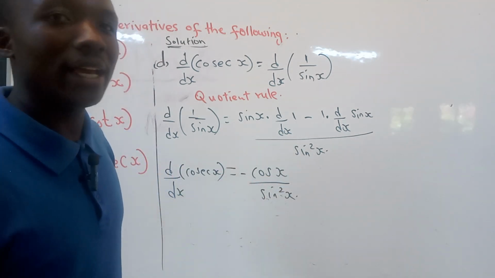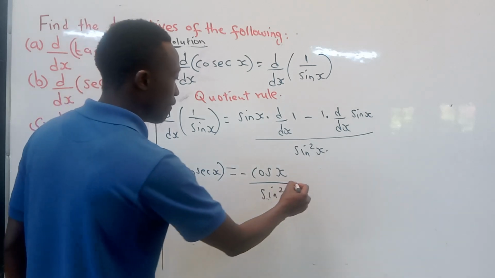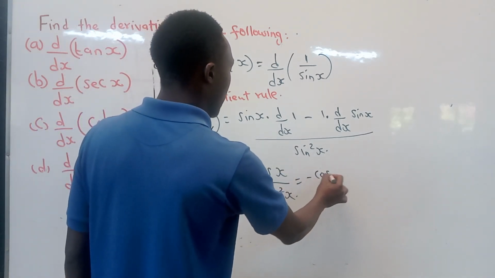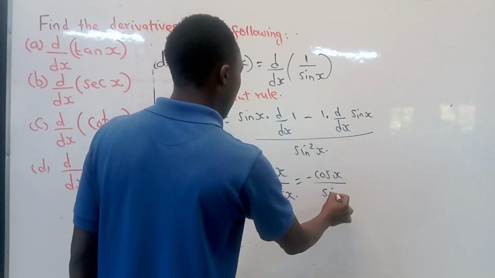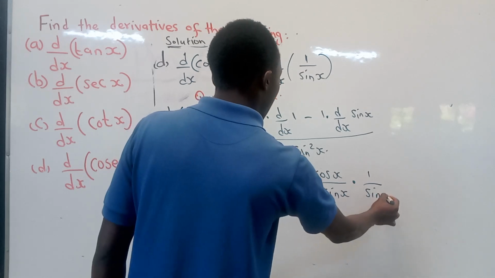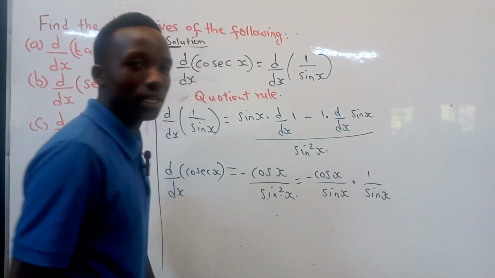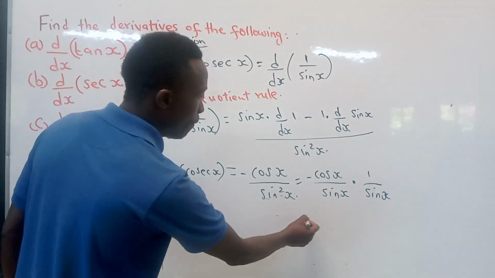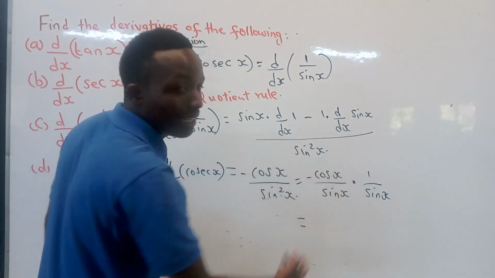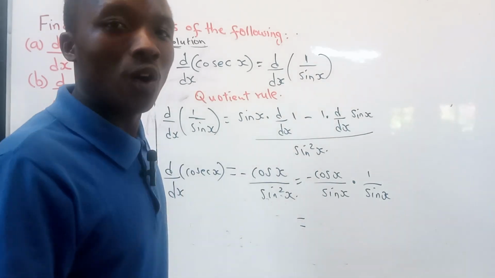We can simplify that and say this is the same as negative cos x over sine x multiplied by 1 over sine x. Cosine over sine is the same as cotangent.